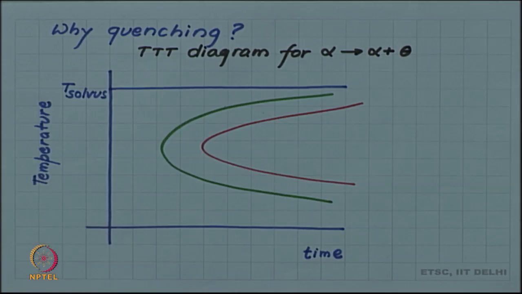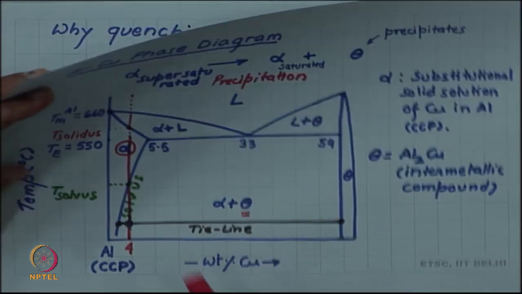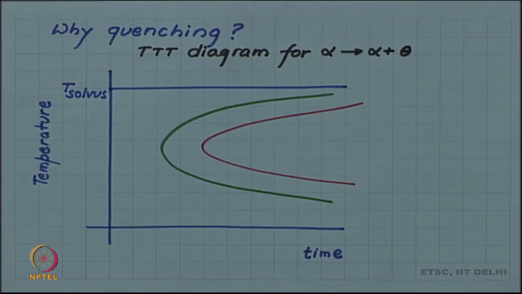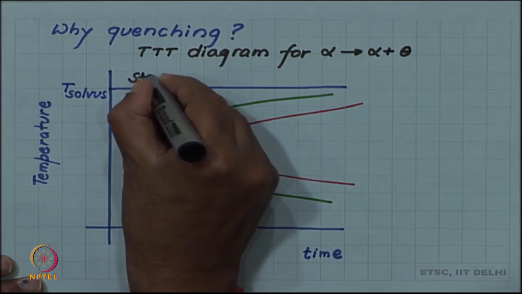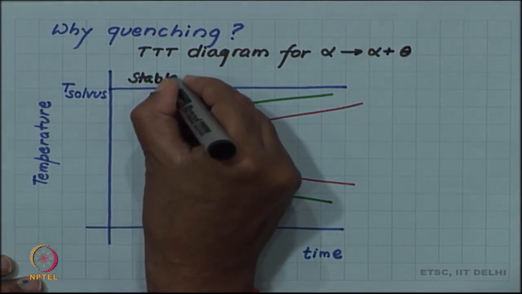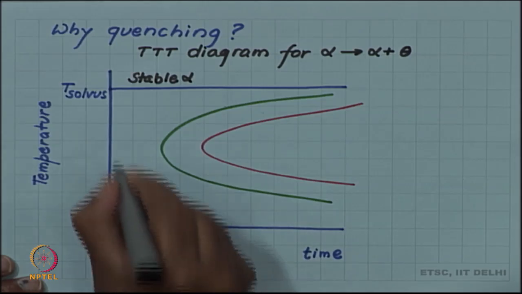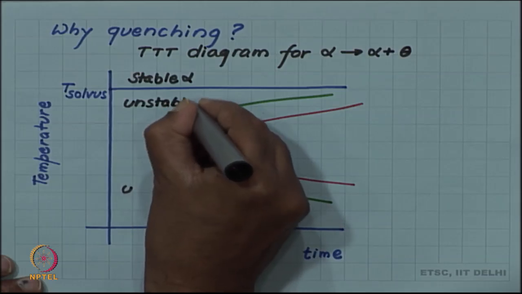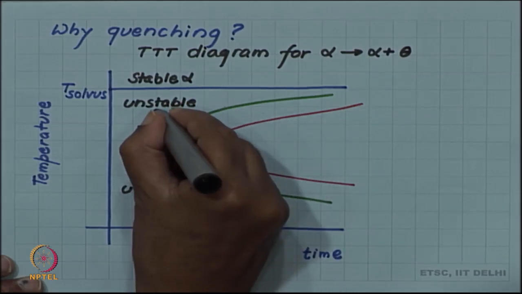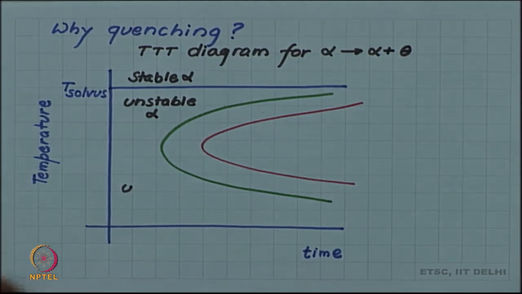So, above solvus you can see alpha phase is stable. So, nothing will happen to alpha phase. Above solvus you have a stable alpha, below solvus you will have unstable alpha, which will like to decompose and form theta.